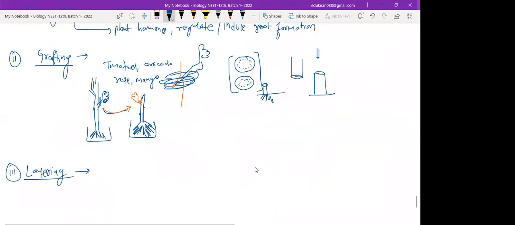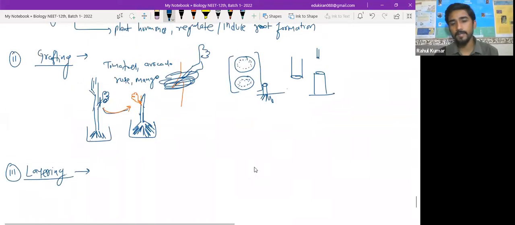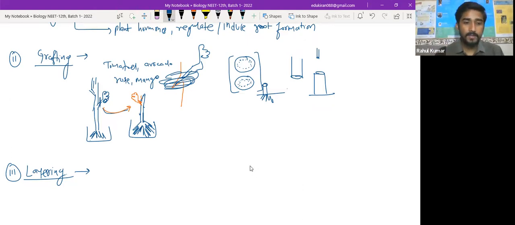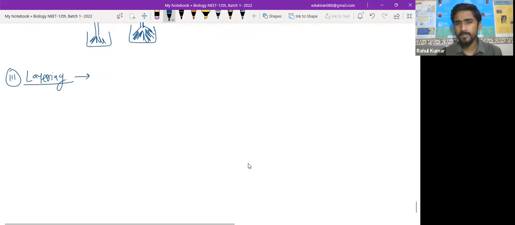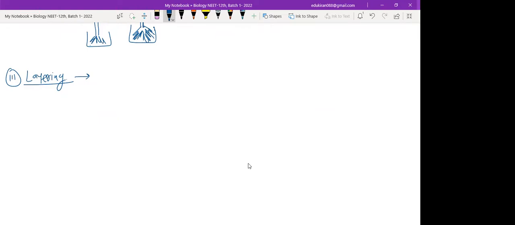Yes. Now layering, as Atif said, is where we bend a part of a plant and put it back in the soil, from where a new plant emerges. Now it seems very, very simple, but tell me, can we do this for all plants? No, sir. Why? Atif, you're right.